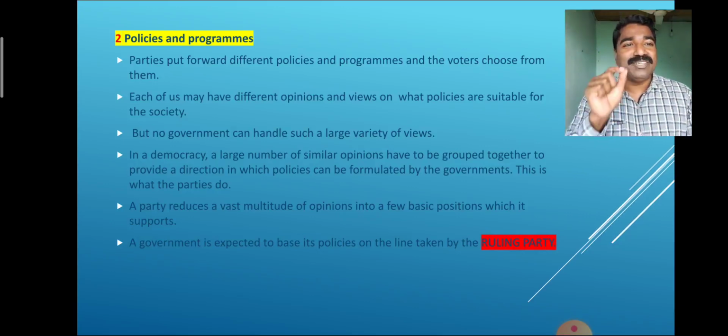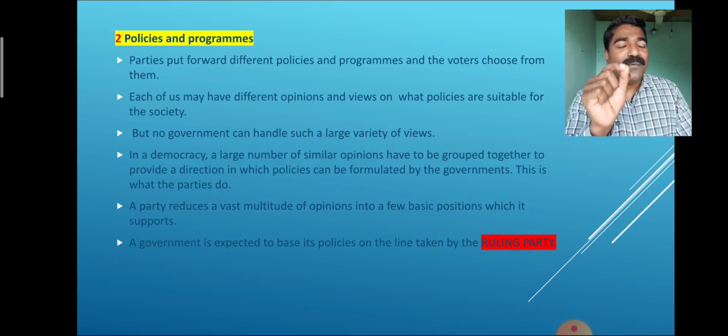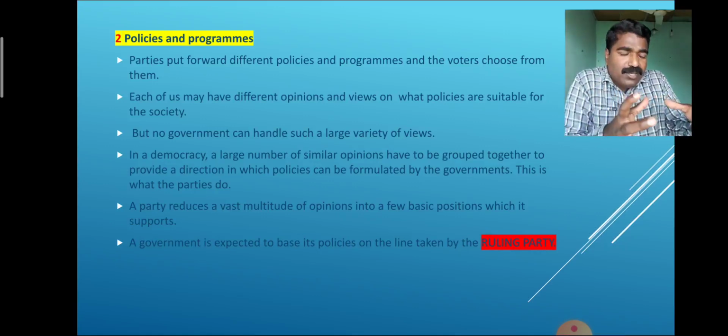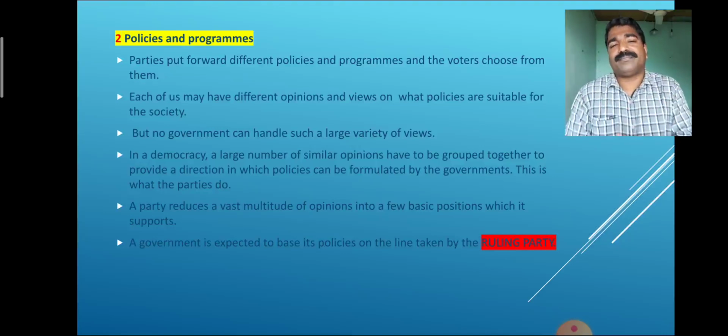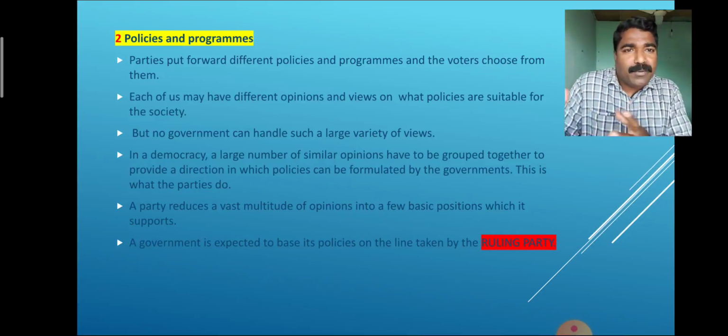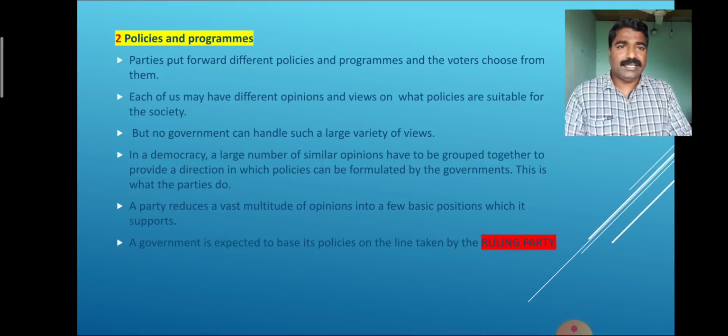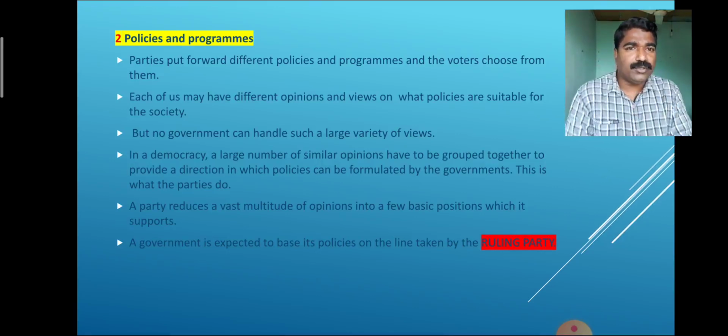This is what the parties do. The similar opinions are grouped together.